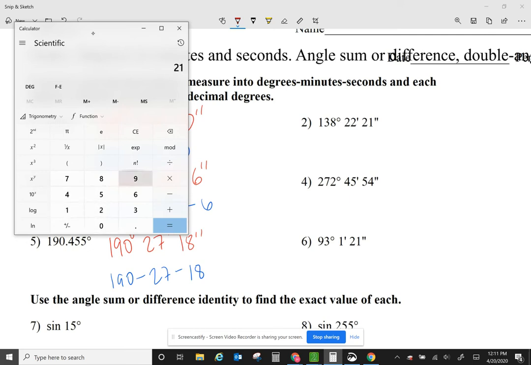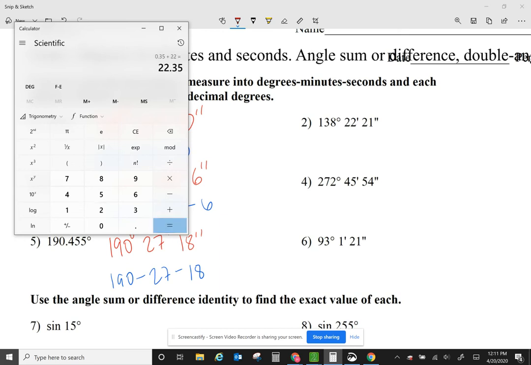So 21 divided by 60 gives me a decimal. Notice I just did the seconds, 21 divided by 60. Now I'm going to add that decimal part to 22, which is the minutes.